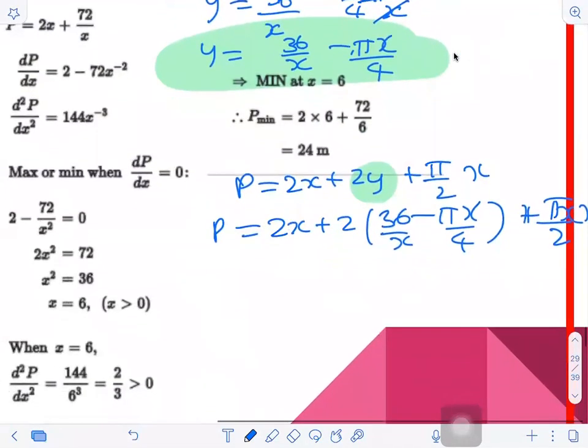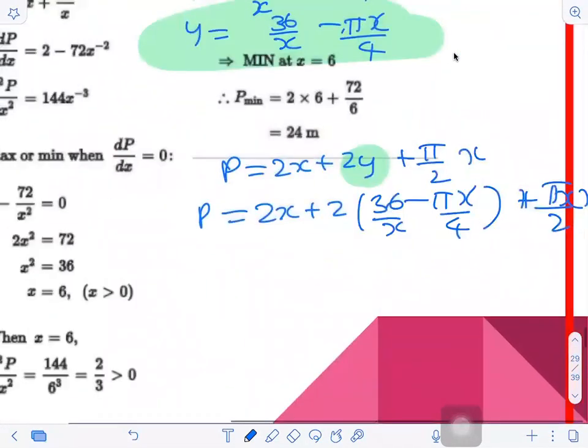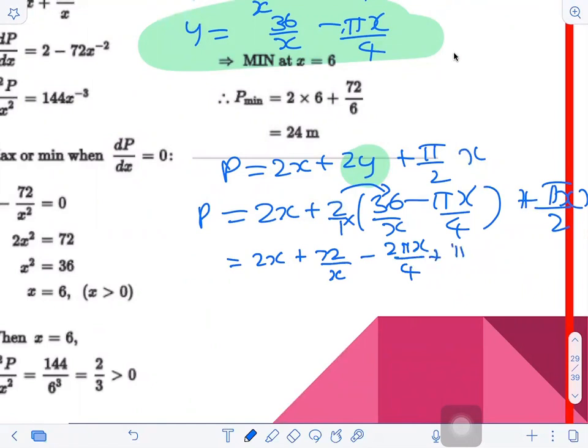So I'm just going to focus in on that. So that's 2x plus, if I open the bracket, 72 on x, because it's like multiplying by 2 on 1, minus 2 pi x on 4, because 2 pi x and 1 times 4, plus pi x on 2.